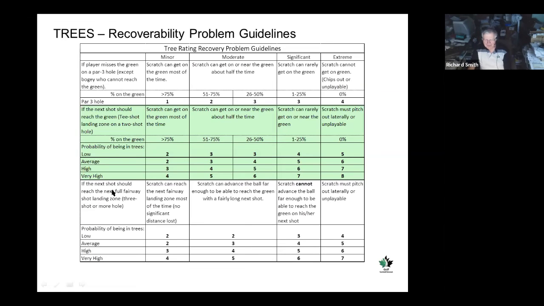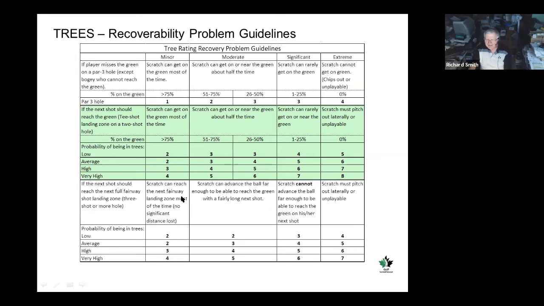And then the bottom third, if the next shot is not going to reach the green anyway, but only another fairway landing zone, then things are not quite as serious.